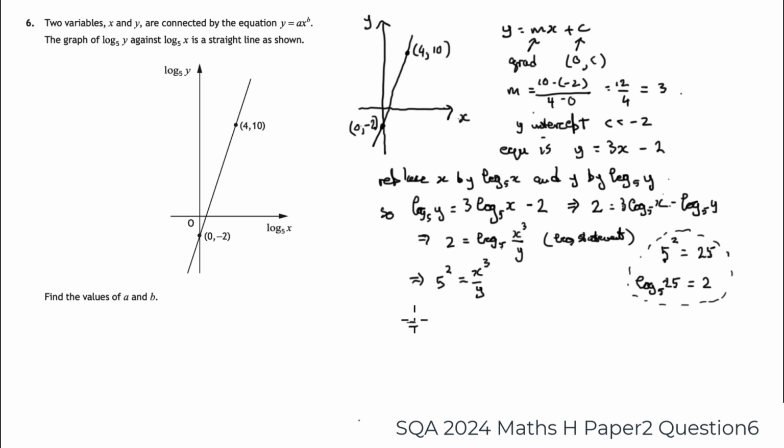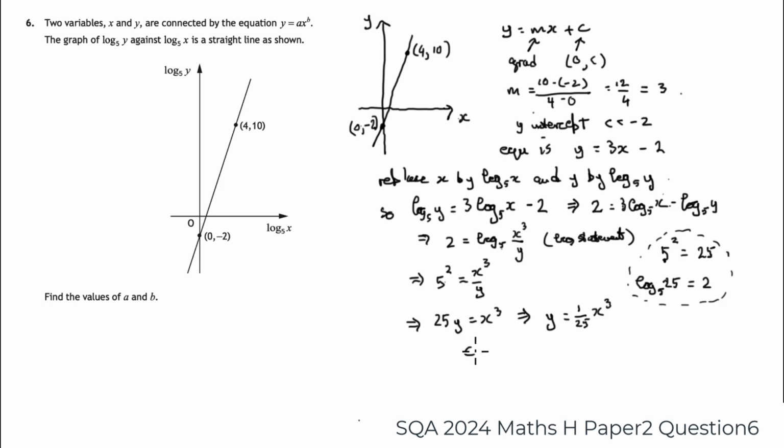So let's multiply both sides by y. Of course, 5 squared is 25. So on the left we've got 25y equals x cubed. And divide both sides by 25, we'll get y equals, and I'm going to write it as 1/25 of x cubed. If I divide by 25, I'm finding a 25th of it.